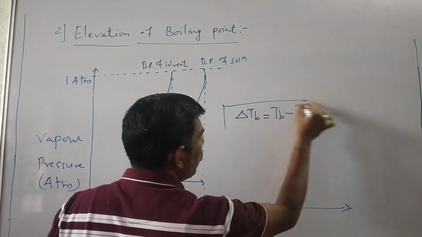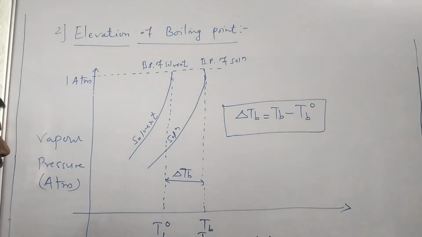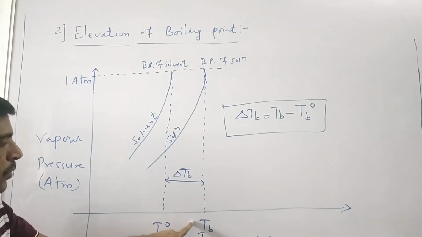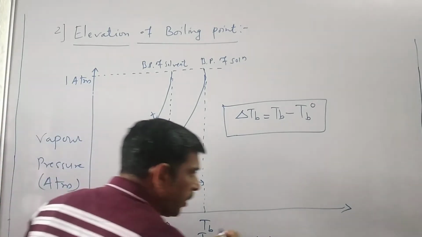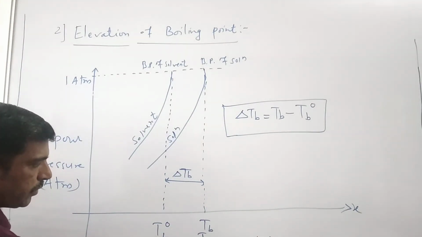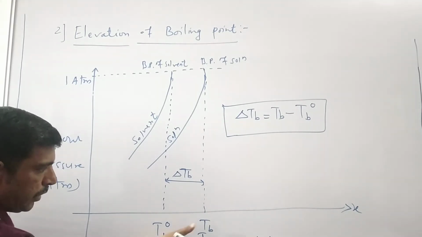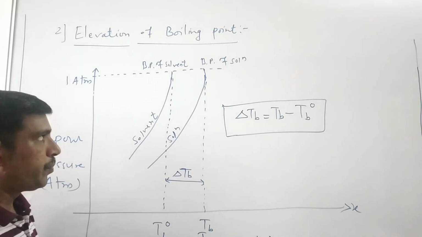This is the important equation we will get from this graph. If you go along the x-axis, TB will be more here. That is the boiling point of solution.